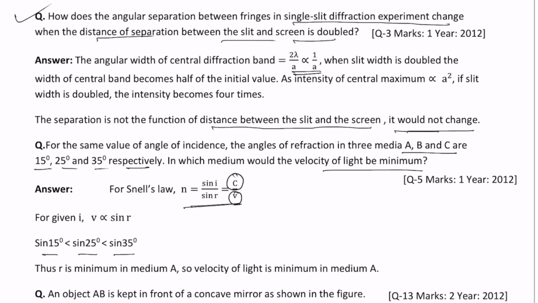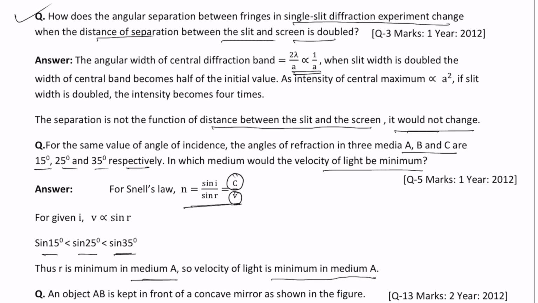Now if you put sin i by sin r, so i is the same, and as the angle increases, sin also increases. Sin of 15 is less than sin of 25, and sin of 35 is higher than sin of 25. So therefore r is minimum in the medium A. So the velocity of light is minimum in the medium A. Correct?